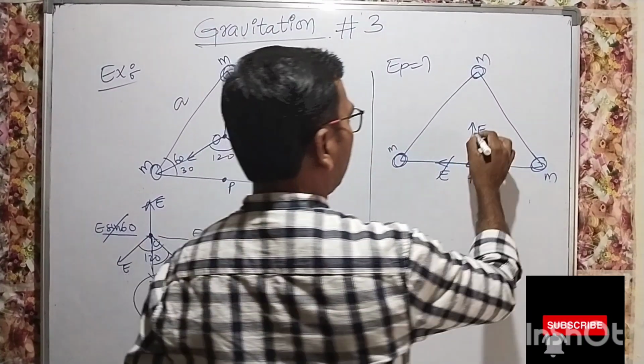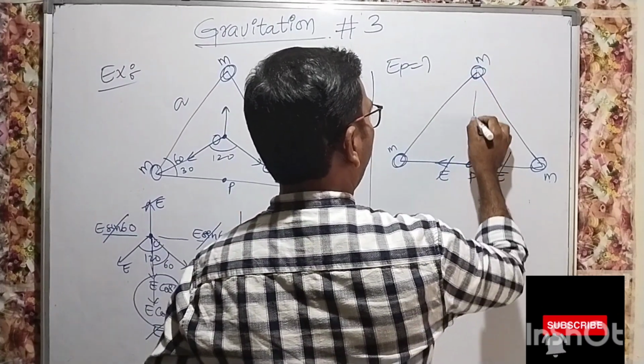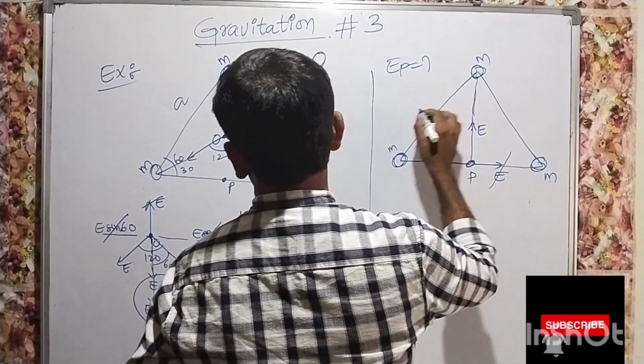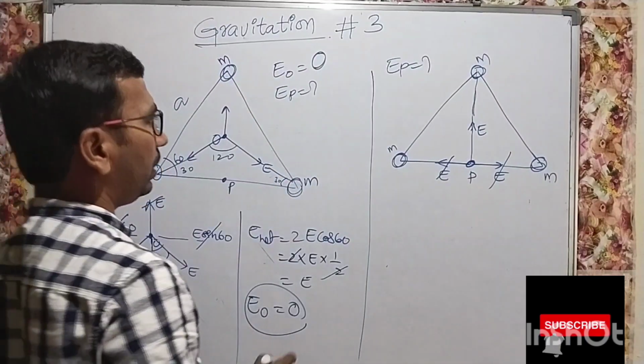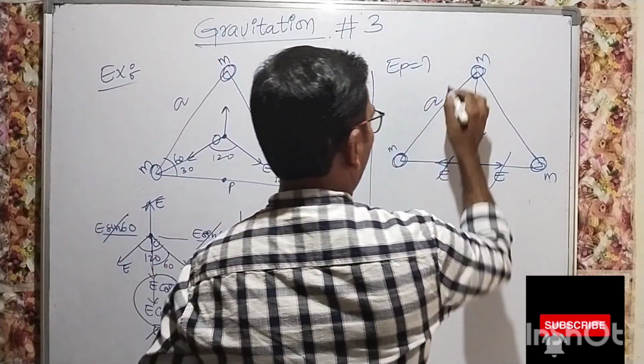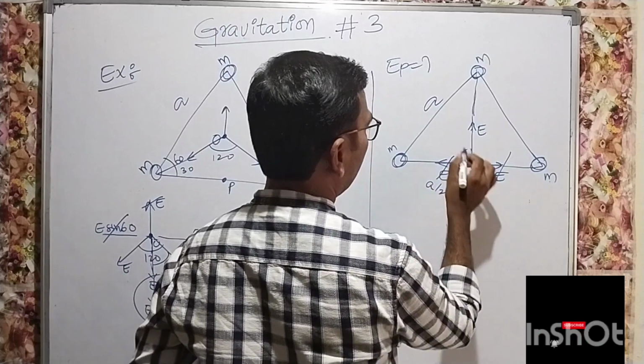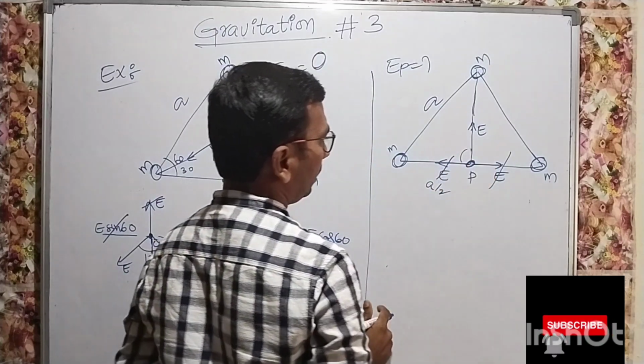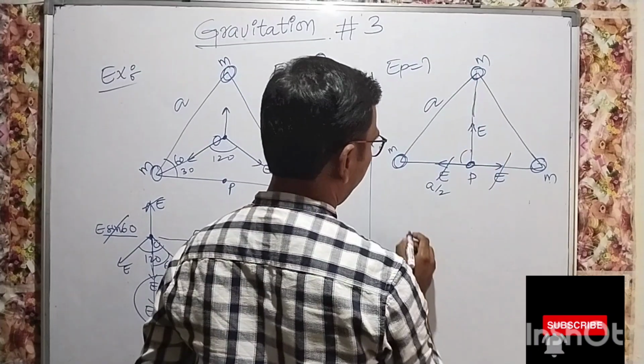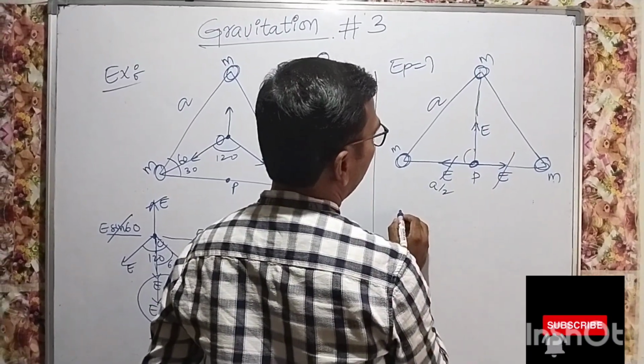First you can find this distance. All sides are given as A, the equilateral triangle has side A, so this is A by 2 and this is A by 2. This is a right angle triangle, so by using the Pythagoras theorem you can find this distance.